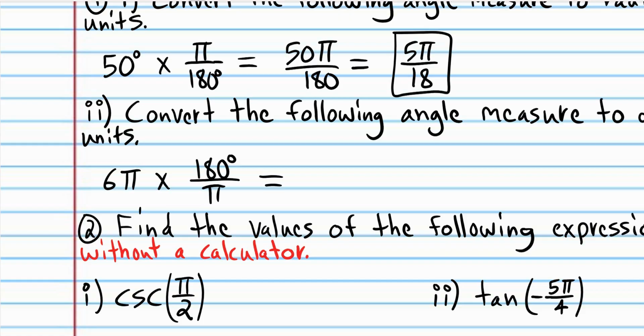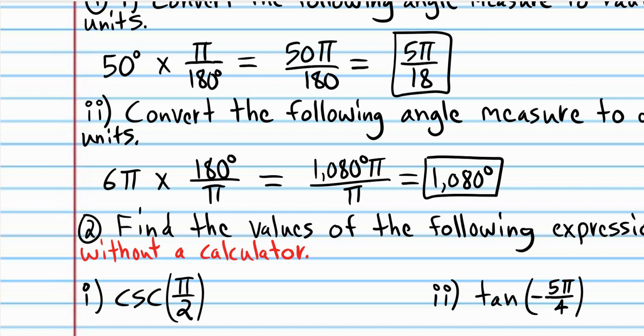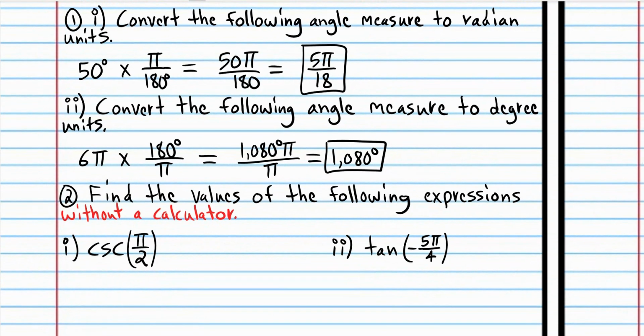So 6 times 180 is 1080 degrees. The pi's cancel out, and you're left with 1080 degrees. So if you got that right, excellent. Be sure to write your degree symbol, signifying that we're now in degree units. If you don't see units, that means we're in radians.